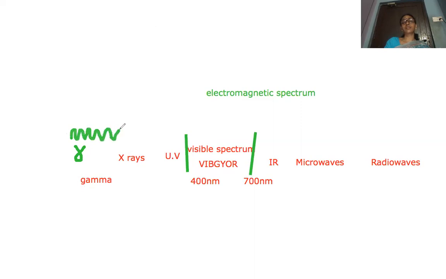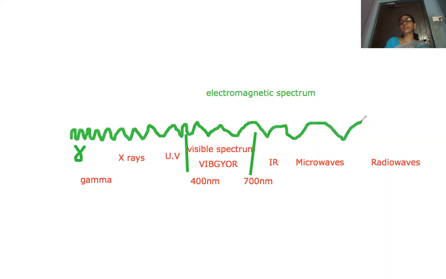Slowly the wavelength increases. As we go to ultraviolet rays, the wavelength still increases. As we go to the visible spectrum, the wavelength increases again. Then infrared rays, the wavelength will increase still more.